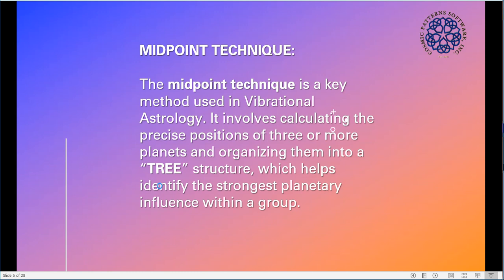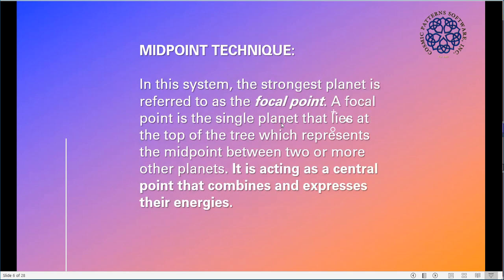It involves calculating the precise positions of three or more planets, organizing them into a tree. And you see, there is a tree, in capital letters here, and I will show you that later. It is a structure which helps identify the strongest planetary influence within a group.